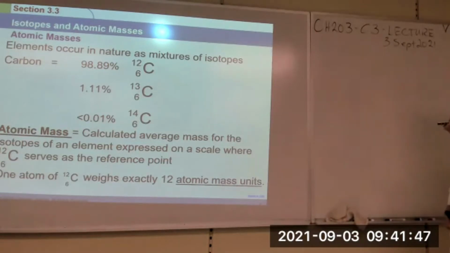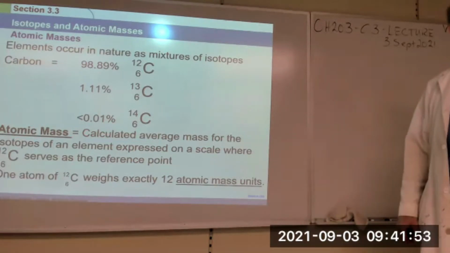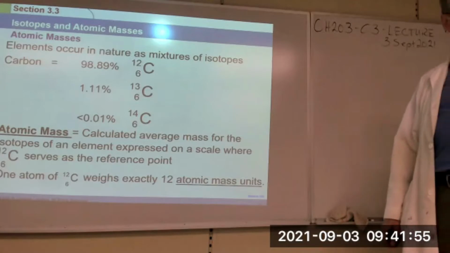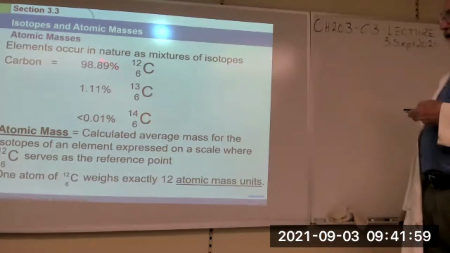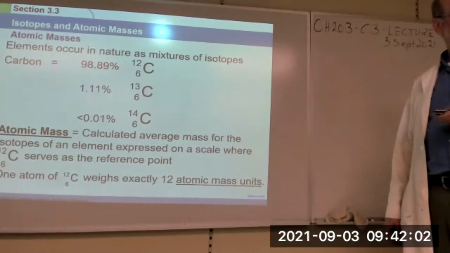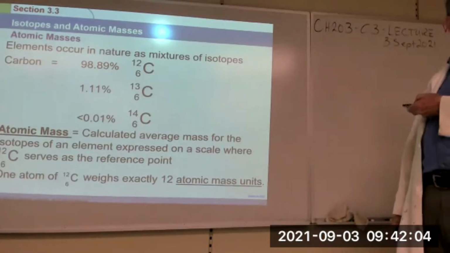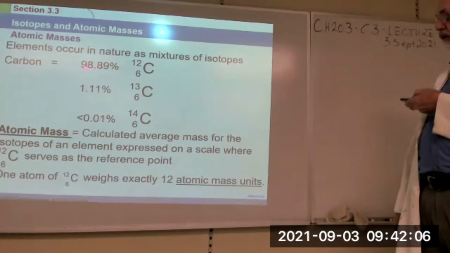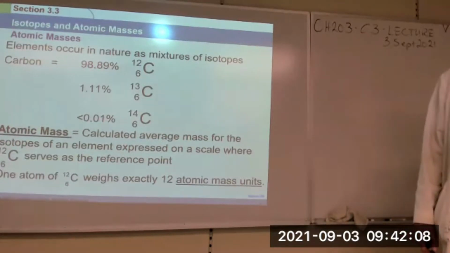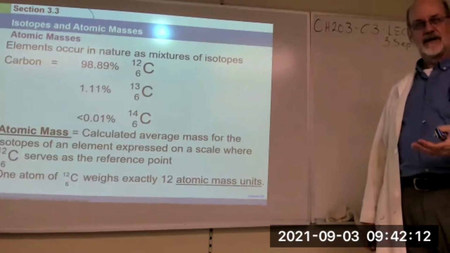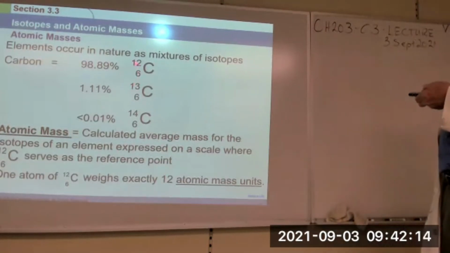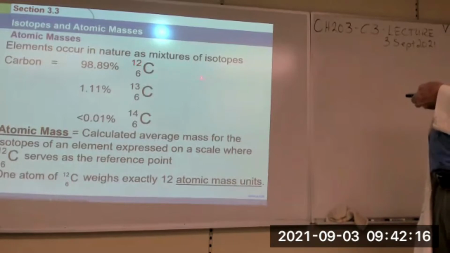Okay, so back to this topic. The atomic mass, not the mass number, is a weighted average of these values. So you would take the decimal equivalent of that percent. Just move the decimal to the left, right? That would be 0.989. You multiply that times its value, and it gives you a number.